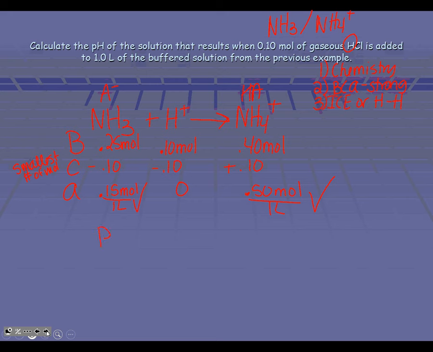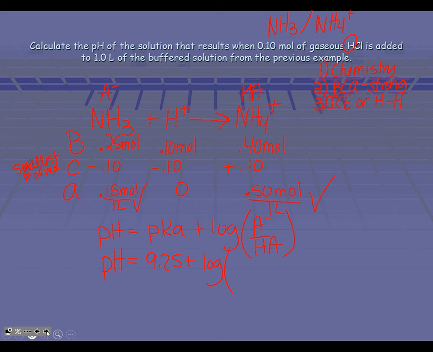So I'm going to go straight to pH equals pKa plus the log of A minus over HA. And because I write down all of my work and I have my previous example, I know that I already have the pKa from the last problem. I wrote it down and it was 9.25, so I'm just going to plug that in. I'm going to take a shortcut.